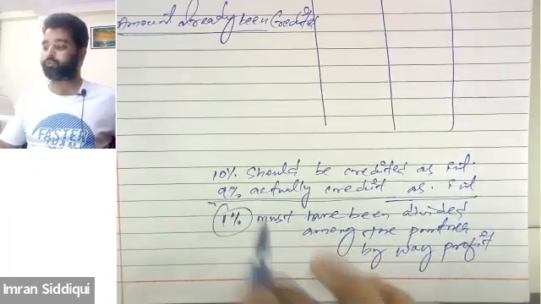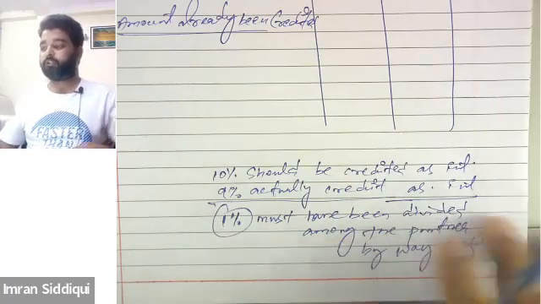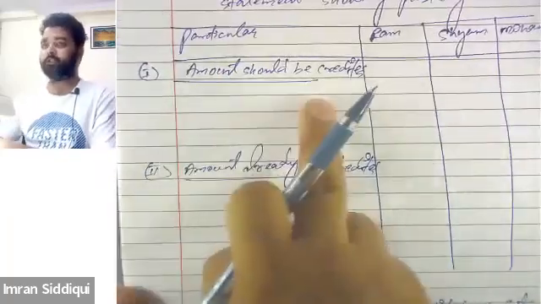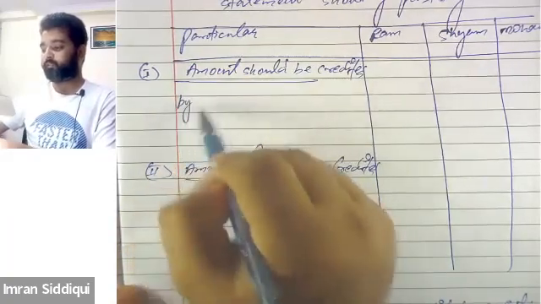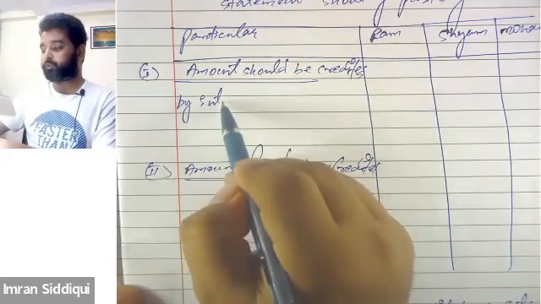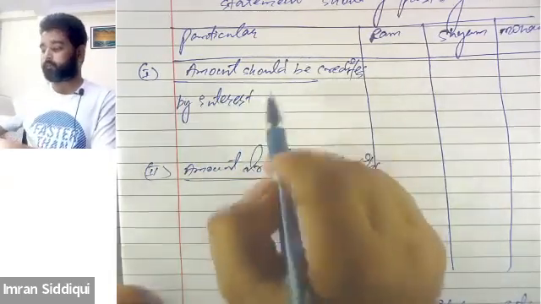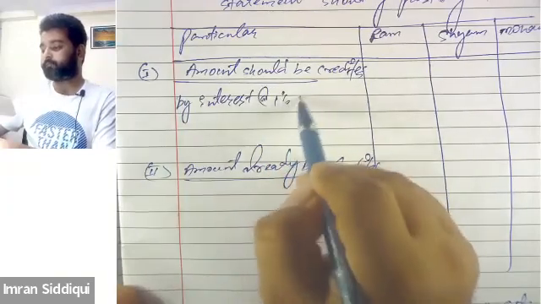But this 1% should have actually been credited by way of interest among the partners, right? So what are we going to do? We will write first the amount that should be credited by way of interest at the rate of 1% on capital.